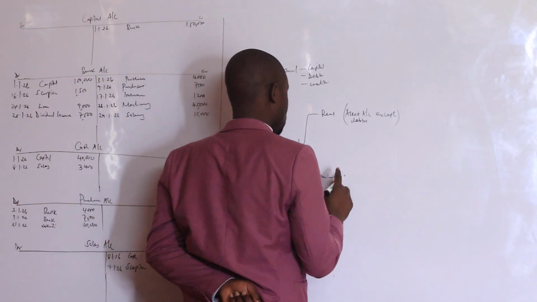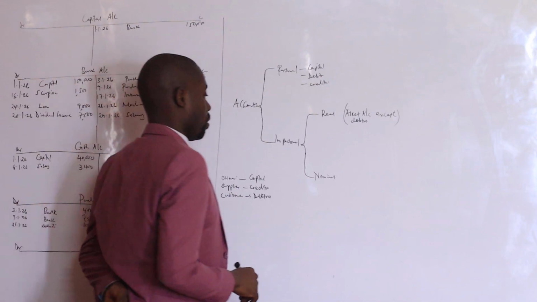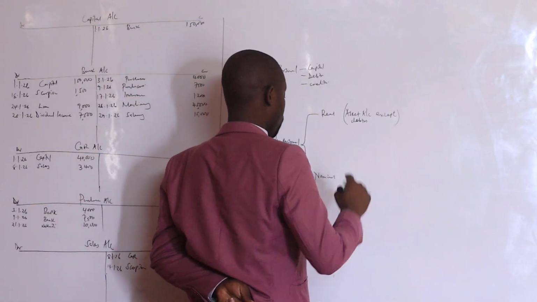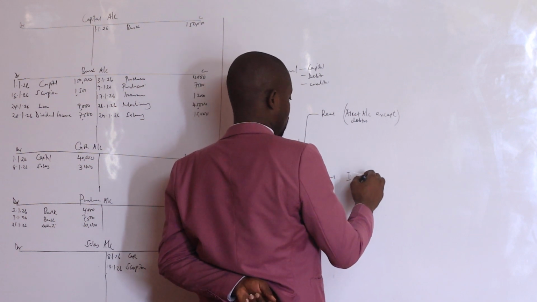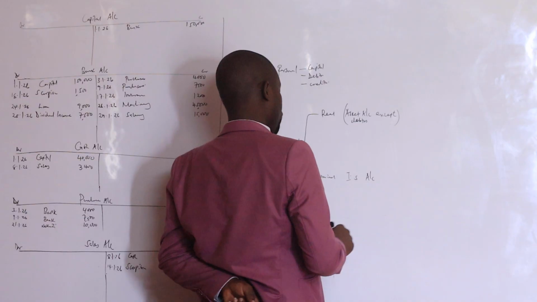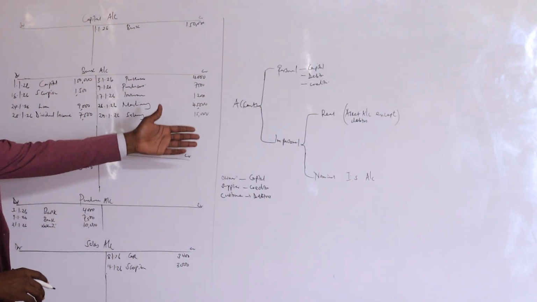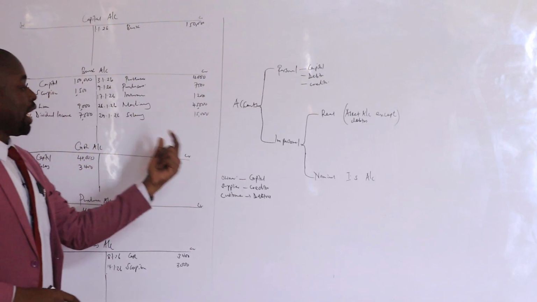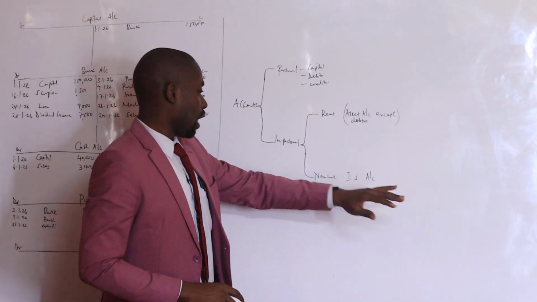Whereas nominal accounts are accounts used to prepare the income statement, that is, the profit and loss. So these are income statement accounts. Which items did we see to be the ones appearing in that statement? We had revenue or sales, incomes, expenses, and purchases. So those are the ones we call nominal accounts.